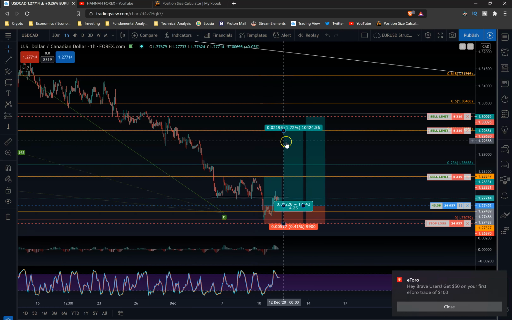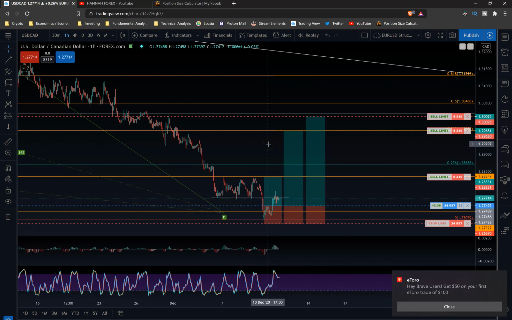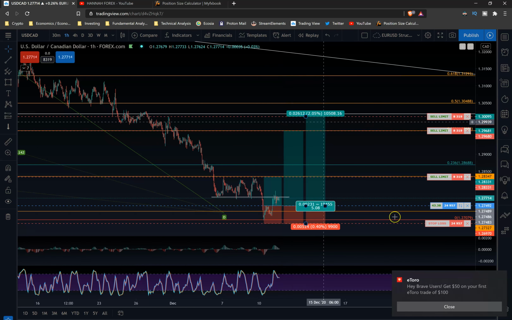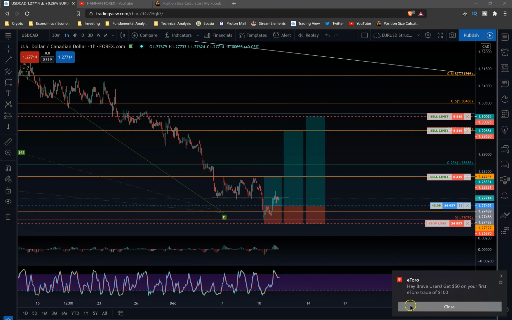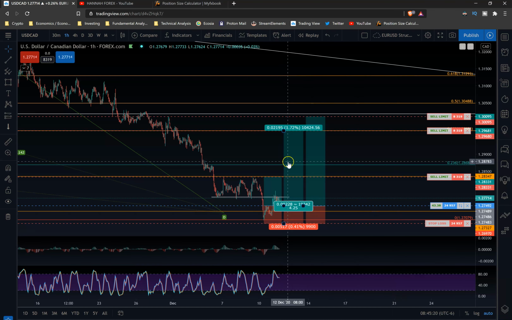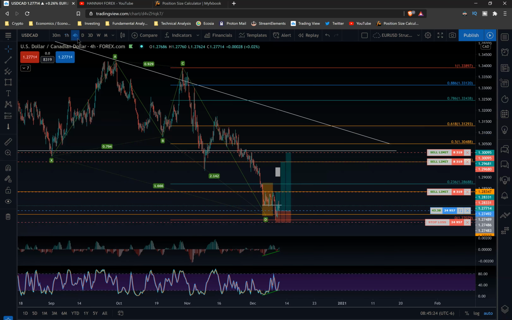The next two scale outs are going to be at either Fibonacci areas, historical support resistance, or an area where a structure may be doing a retest. So let's jump back to the 4-hour. My first scale out right here is at 50 pips.